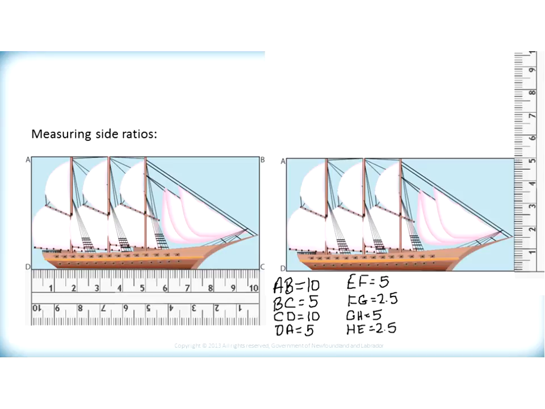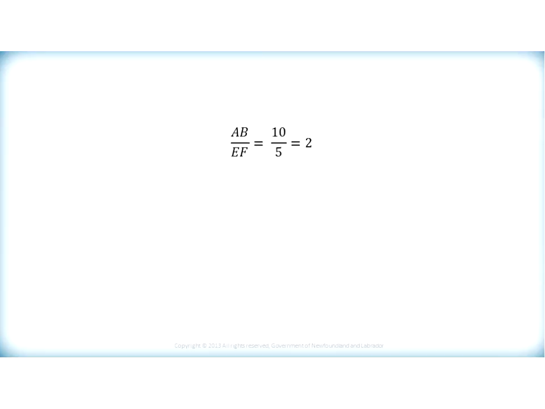So now we're going to perform ratio calculations on our corresponding sides. AB corresponds from the object to EF on the image, and the value of the ratio is 10/5, which is 2. Side BC corresponds to side FG in the image, and the measures are 5 divided by 2.5, which also works out to 2.